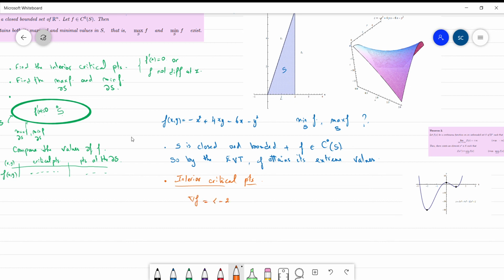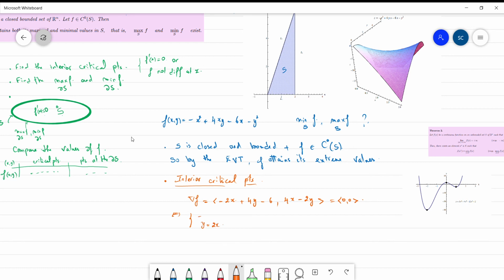The partial derivative with respect to x is minus 2x plus 4y minus 6. The partial derivative with respect to y is 4x minus 2y. So we want to solve the system equal to 0, 0. From the second equation we get y equal to x.